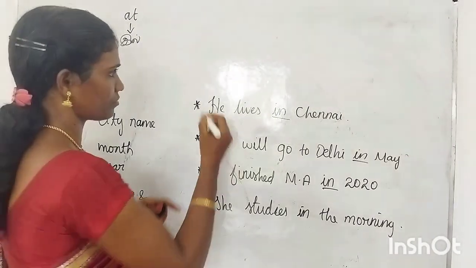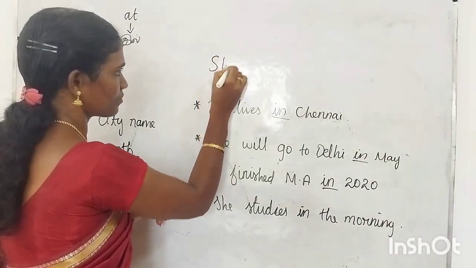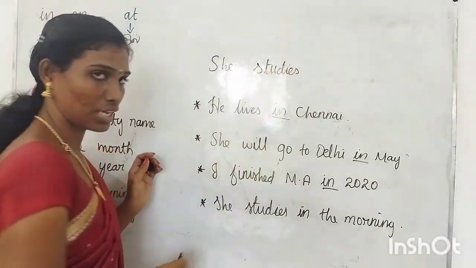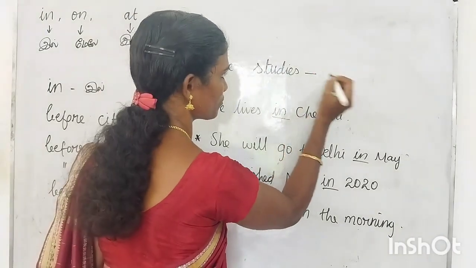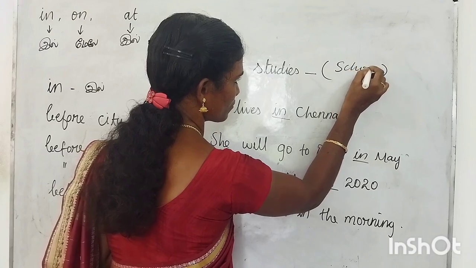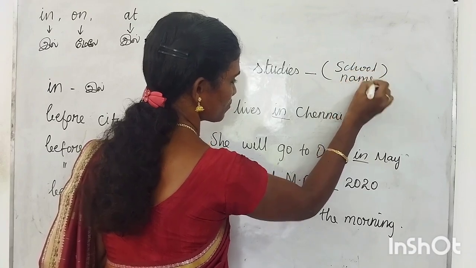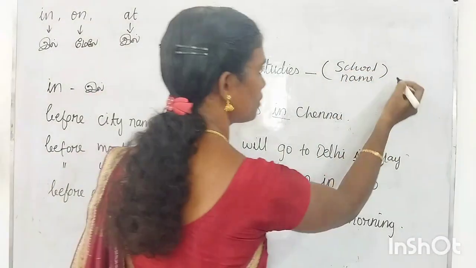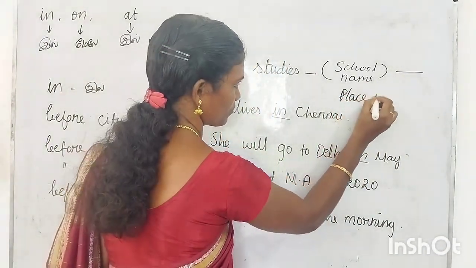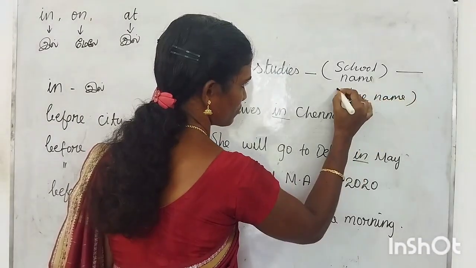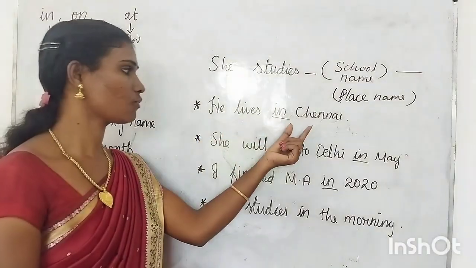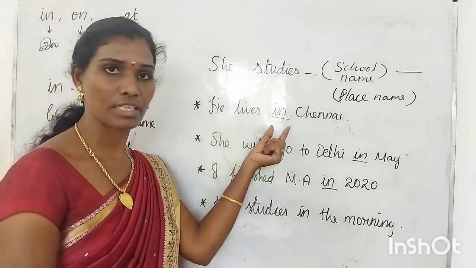Example: she studies at school name, in place name. Here there is only one place: he lives in Chennai.